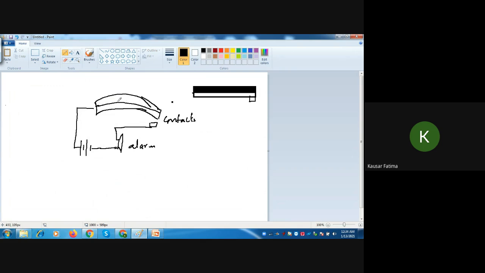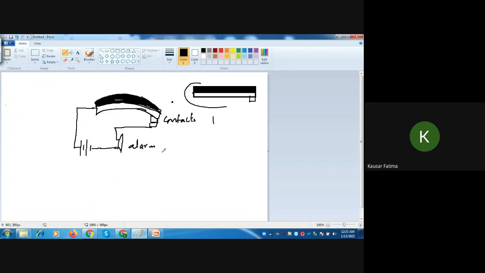This is your brass on the outer side. The contact has come closer and is joined due to the bending. Bimetallic means two metals of different expansivity. This has become bigger, so it is on the outer side. Now contacts are made, there is a complete circuit, so the current flows and the alarm sounds.